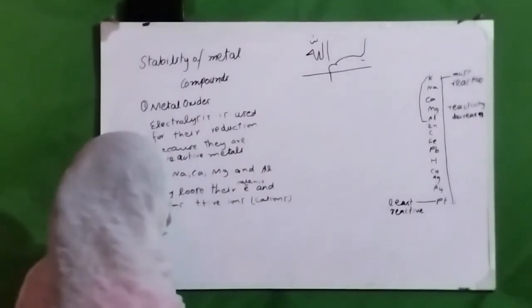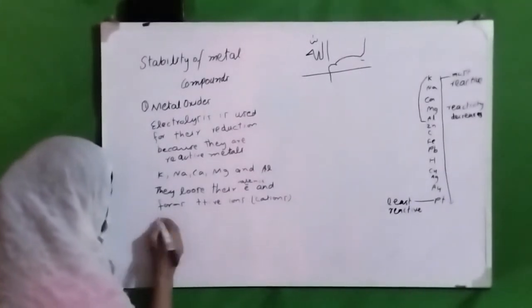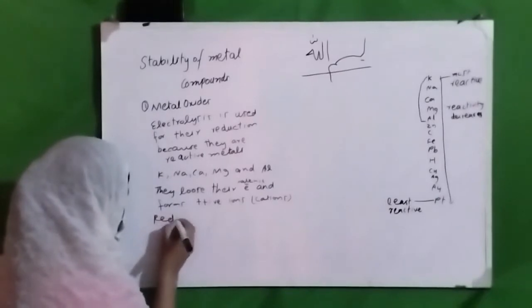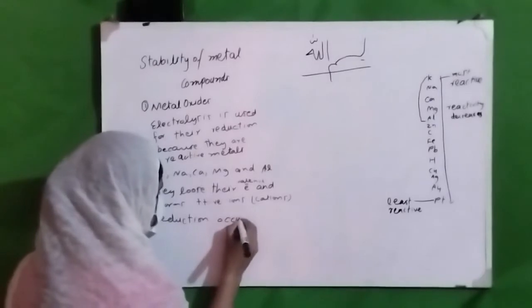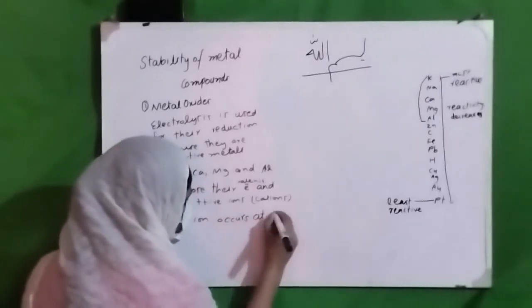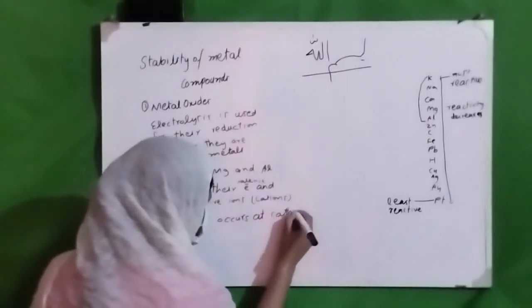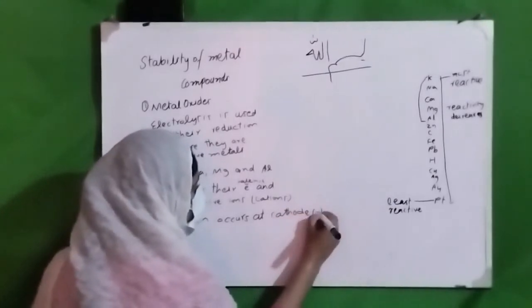So the reduction occurs at the cathode, because the ions are positively charged and the cathode is negatively charged.